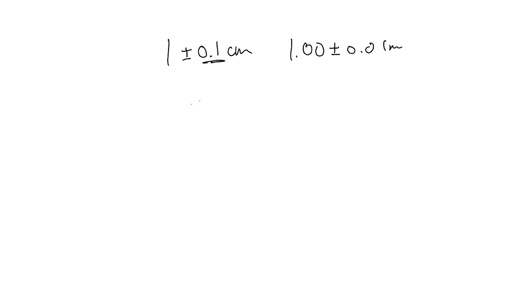Our first option is to upgrade our ruler to a caliper with an uncertainty of 0.01 centimeters. Our next option is to upgrade our meter stick to a tape measure with an uncertainty of only 0.001 meters.